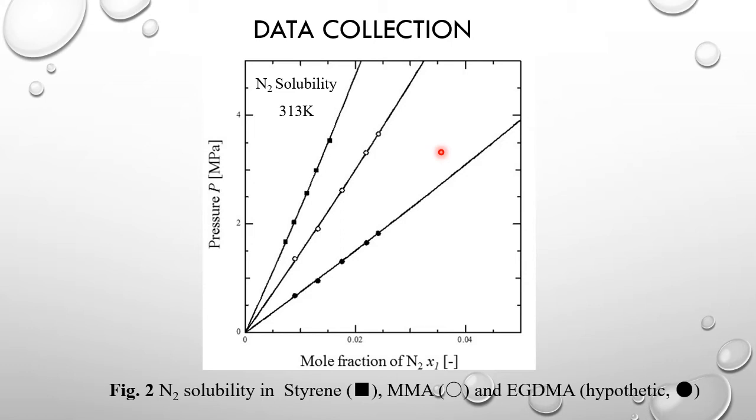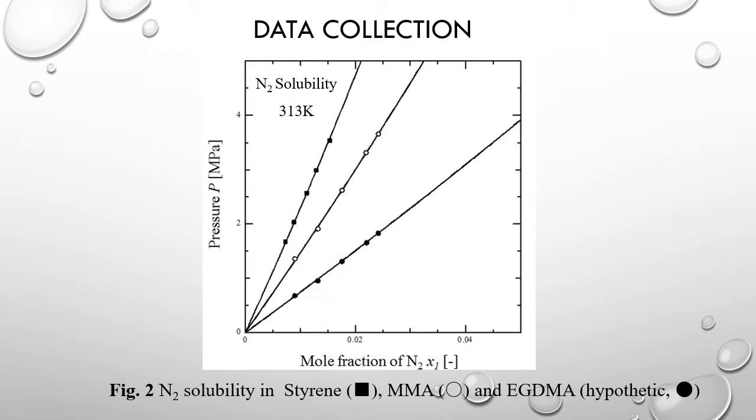Both data are obtained from literature, while the closed circles indicate the nitrogen solubility in EGDMA, which is a hypothetical value. EGDMA requires half the pressure of MMA to have the same nitrogen solubility as MMA. As I mentioned earlier, EGDMA has 2 times the solubility of MMA.